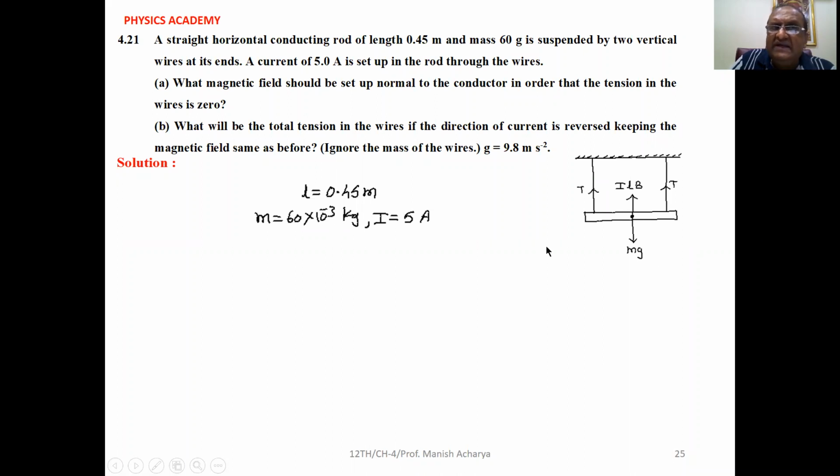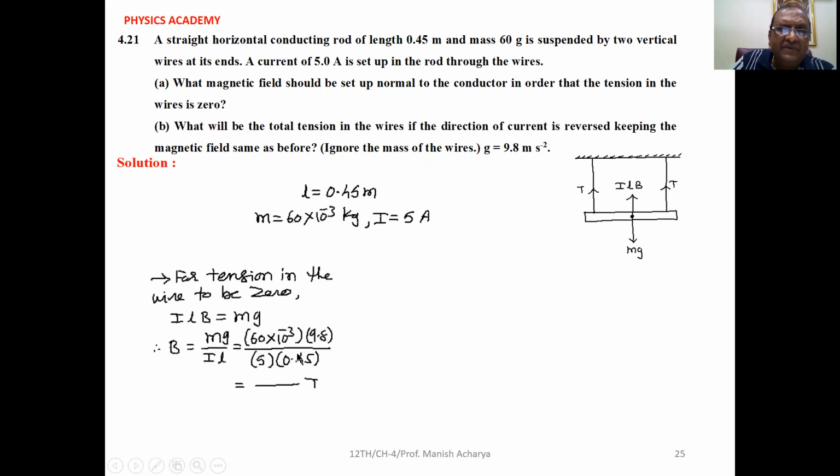It implies that we have to set up the magnetic field such that the force on the rod, ILB, should be vertically upward, and it should be exactly equal to mg. So for tension in the wire to be zero, ILB should be equal to mg.